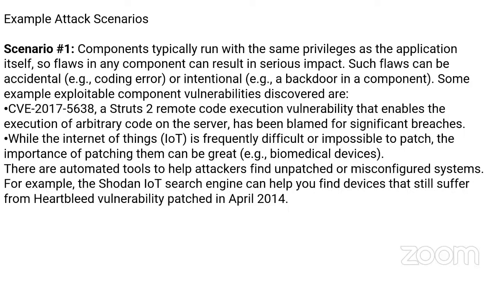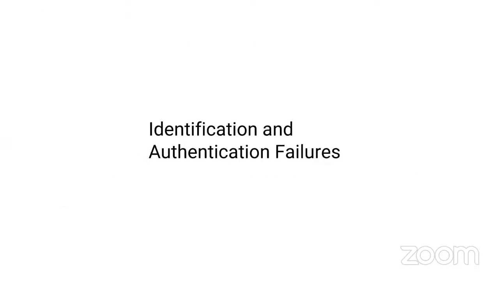So we should know when we need to update, and just install all the updates. And there are automated tools to help attackers find unpatched or misconfigured systems. For example, the Shodan IoT search engine can help you find devices that still suffer from the Heartbleed vulnerability patched in 2014. The next one is identification and authentication failures.